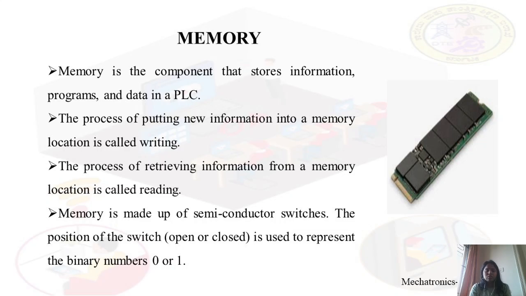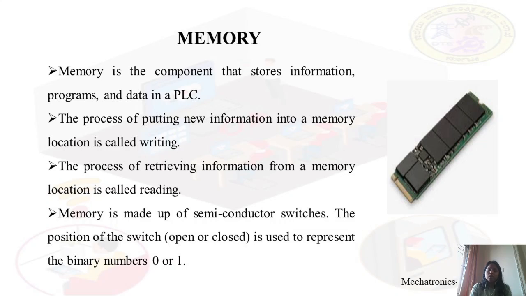Without it, we can't process anything. So memory is the component that stores information, programs, and data in a PLC. Whatever programs you write, and any data or operations you want to store, you need a memory.